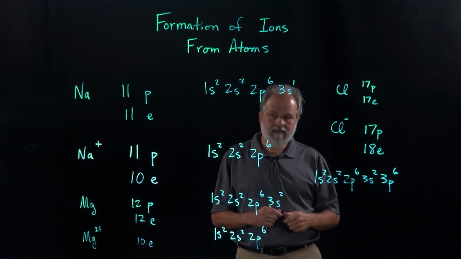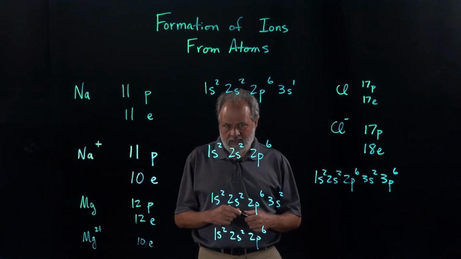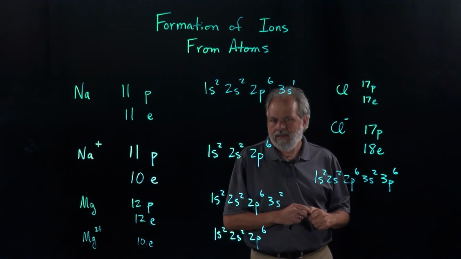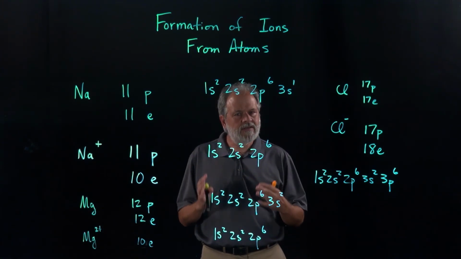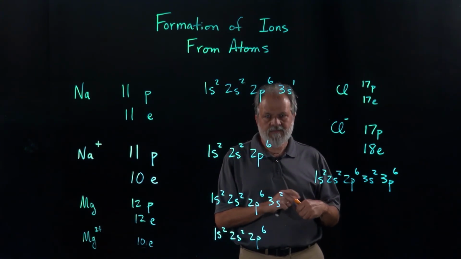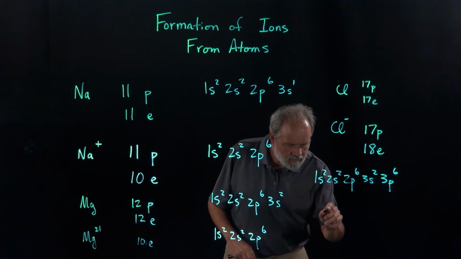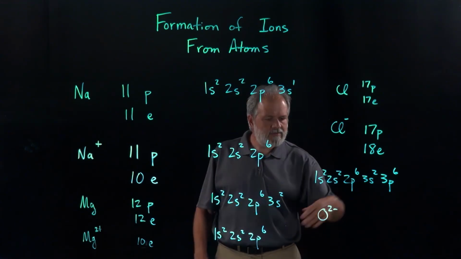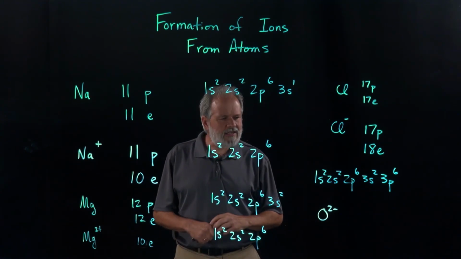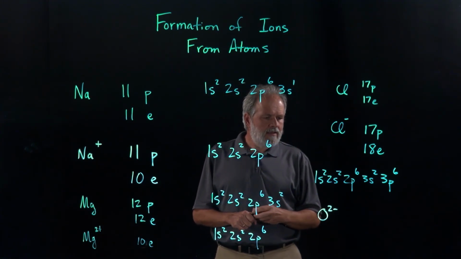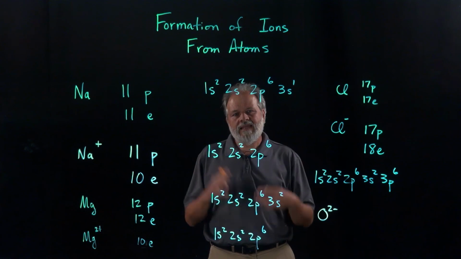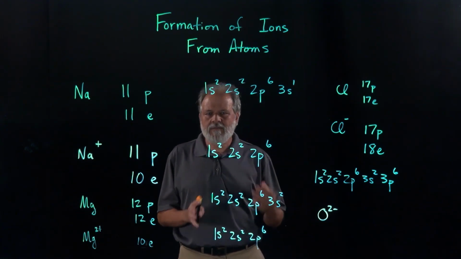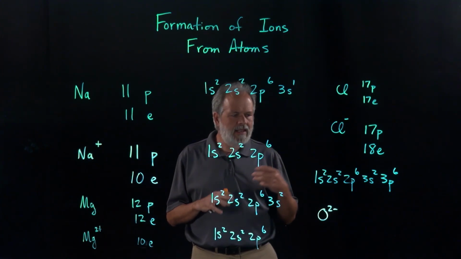Oxygen, on the other hand, is 2 electrons short of the noble gas neon, so oxide is found as O with 2 minus. It has the same electron configuration as fluoride. So that's it for how ions form. Later on we'll talk about compounds made out of cations and anions.